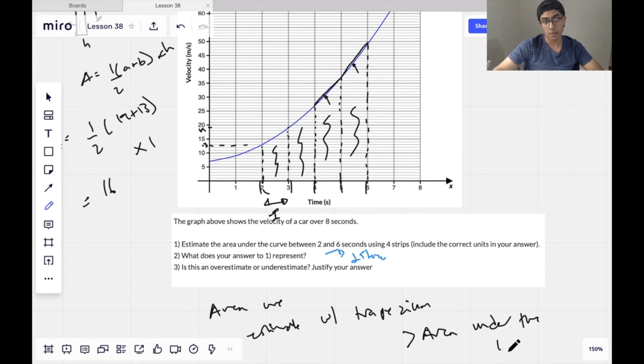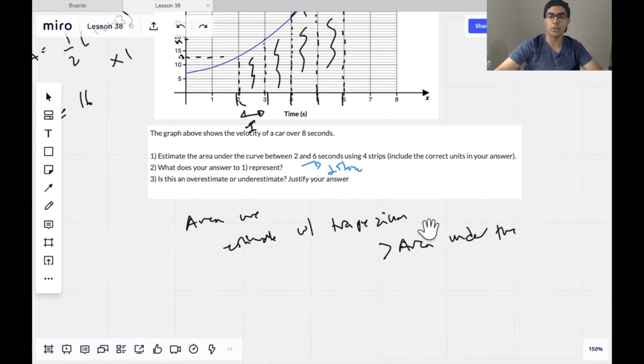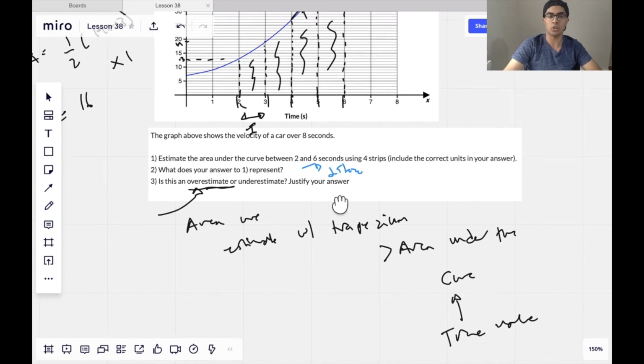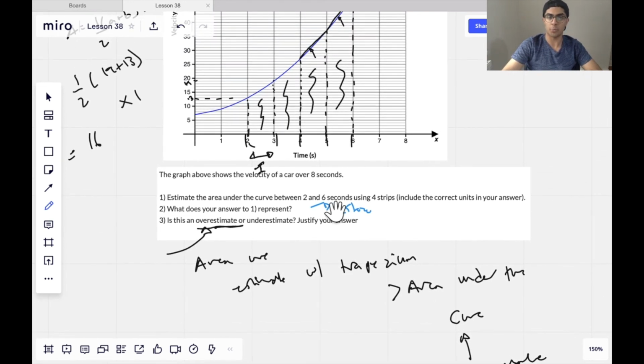The area underneath the curve is actually the true value, and we're approximating it by using these trapeziums. And since our trapezium area is more than the true answer, it's an overestimate. So our answer is overestimate. To justify your answer, you say the trapeziums are always above the line, so it's an overestimate. And that's all there is to it.